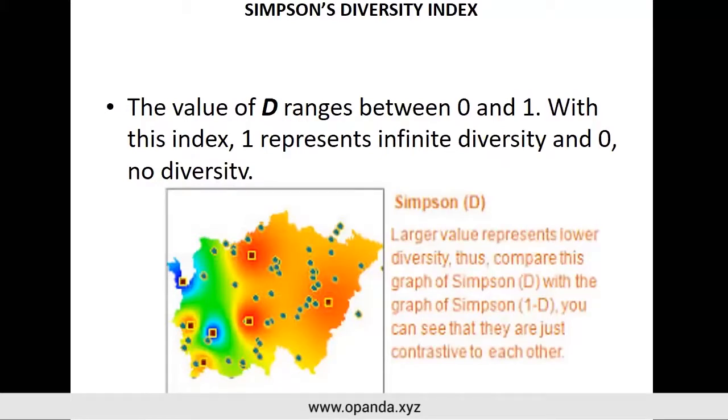Then you will calculate. If you go into a farm, we find maize, maybe mixed with beans, maybe mixed with other plants. You can now apply this formula and you find the value. Is it near zero? Is it above zero? Is it near one? Here they say that you can now estimate biodiversity of the farm. When you find this below one or near one, they say that there is diversity.